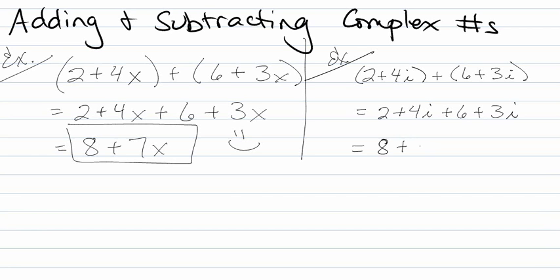Remember, i is just a representation. i is kind of like a variable, but we know what it's equal to before we even start. Remember, i is just the square root of negative 1. It's kind of like x. X could be the square root of negative 1, we don't know. But in this case, it's just i. So you just treat it like a little variable like you would x. So if we have 4i plus 3i, that's going to come out to 7i. So it's not too bad. We've got an answer that looks very, very similar.